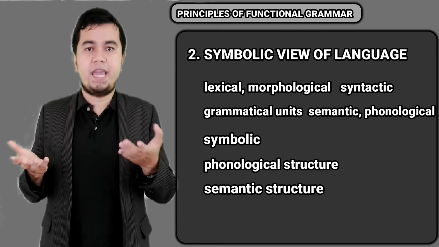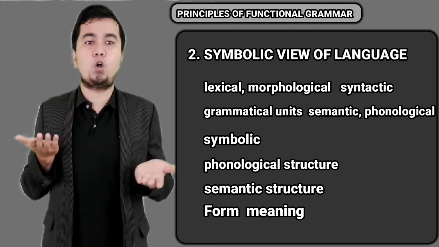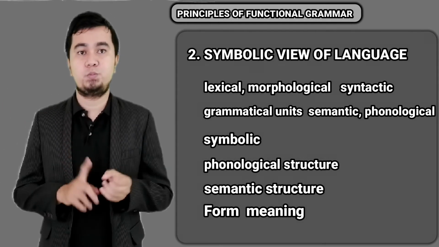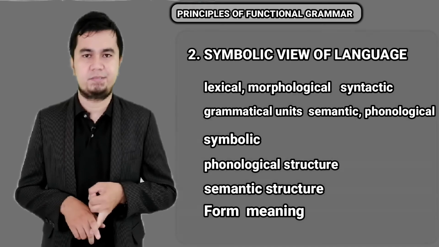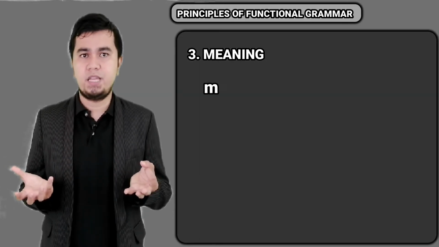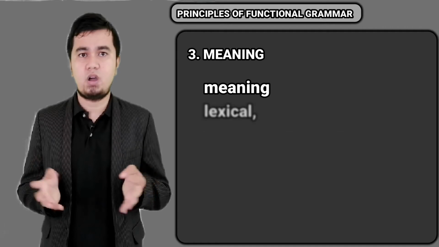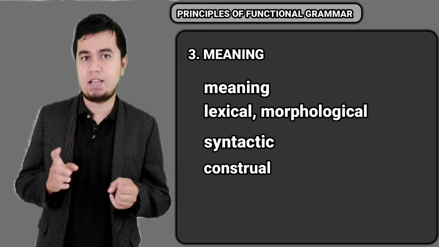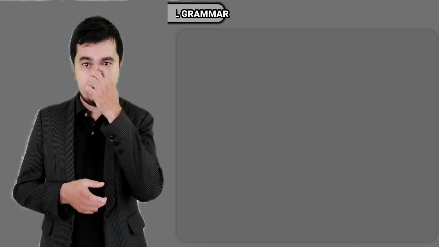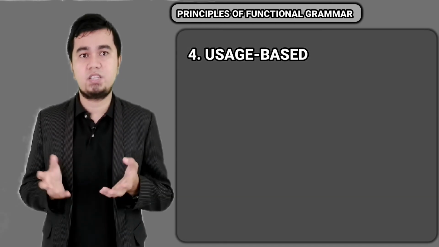The form and meaning here equally contribute to make an expression. So that's number 2 principle of cognitive grammar. And the third is on the meaning. We focus also on the meaning, and so it is the structure of the meaning, be it lexical, morphological, and syntactic meaning.